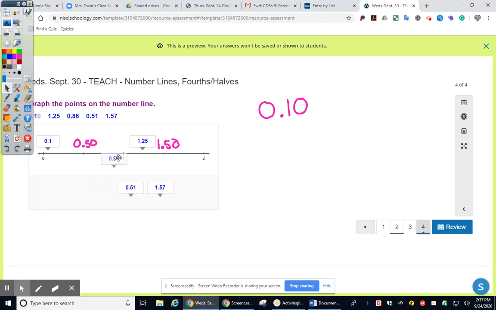So we want to make sure we put it before the 1, but after the 50 cents because it's greater than 50 cents, but a little bit closer to the 1. So about there. Okay, 51 cents is definitely very close to the 50 cents. So we'll put that one about there. And then $1.57 would definitely be greater than $1.50, but just a little bit more. So it would be about there.